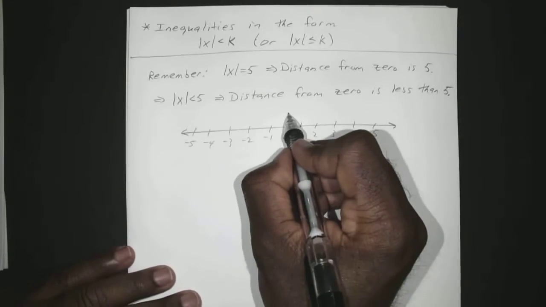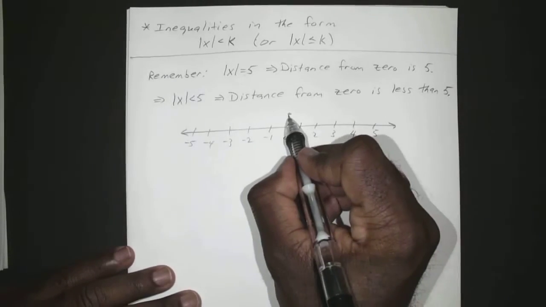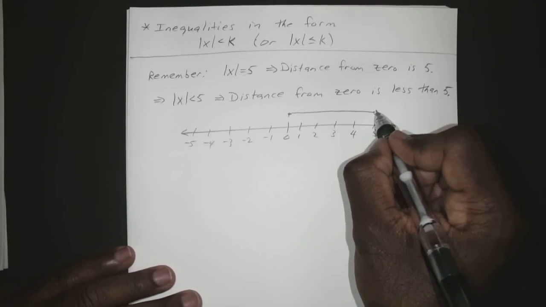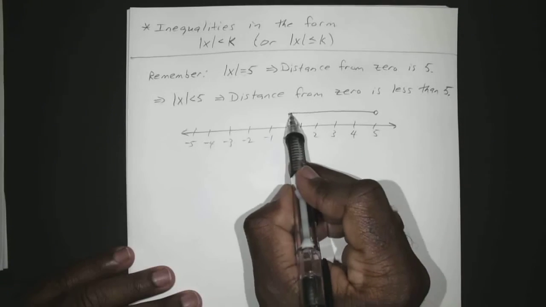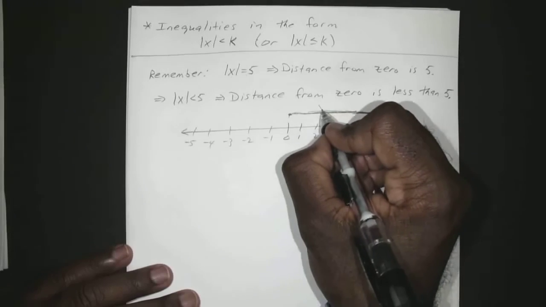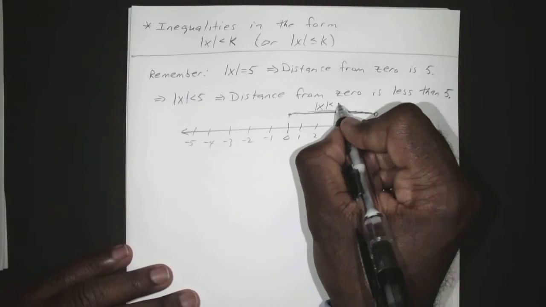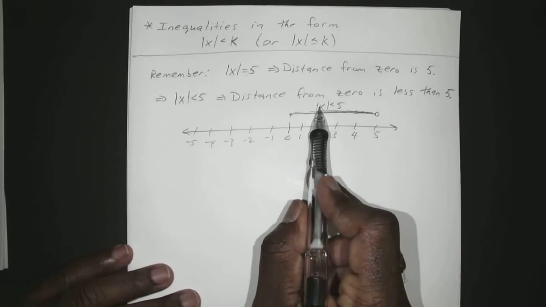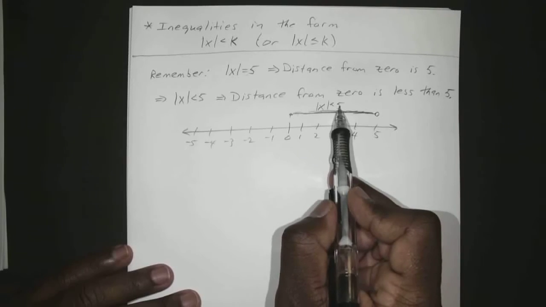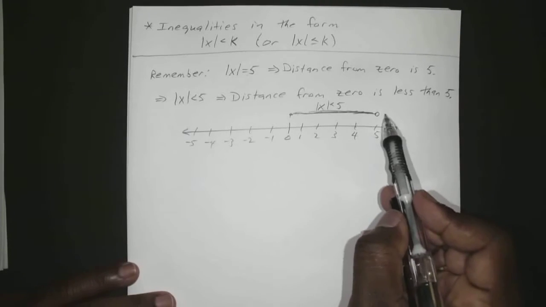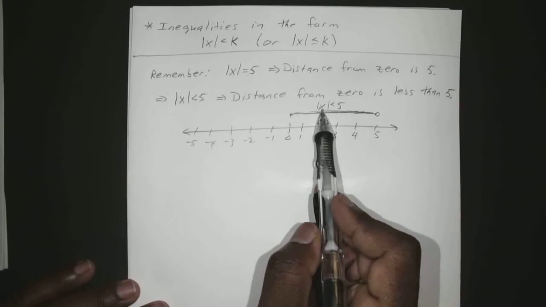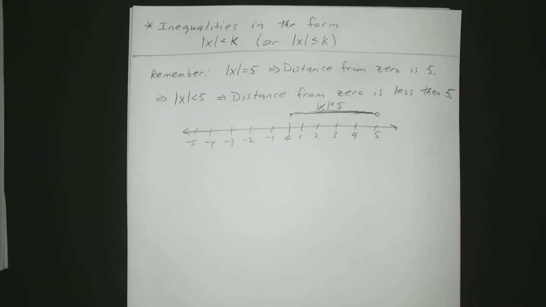If we started right here from 0, and we go all the way here, and we don't include 5 because it's just less than, every value in here could be your x. You plug in 3, absolute value of 3 is less than 5, which is true. If you plug in 4, absolute value of 4 is less than 5, which is true. The only thing you can't plug in is 5 unless you have less than or equal to, because the absolute value of 5 is not less than 5, it's equal to.